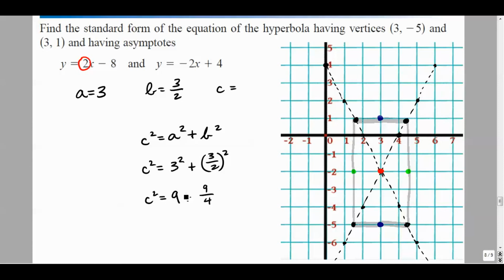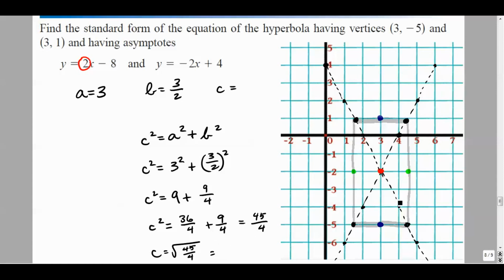So c squared is equal to 9 plus 9 over 4. Let's get common denominators. 9 over 1 is equal to 36 over 4 plus 9 over 4. That's equal to 45 over 4. So c squared is 45 over 4. c is the square root of 45 over 4.